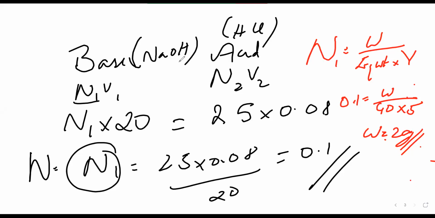I am not focused on the decimeter cube or the units here because I am only concentrating on the correct answer, 20 grams. 40 into 5 is 200. 200 into 0.1 is 20. 0.1 is basically 1 by 10.